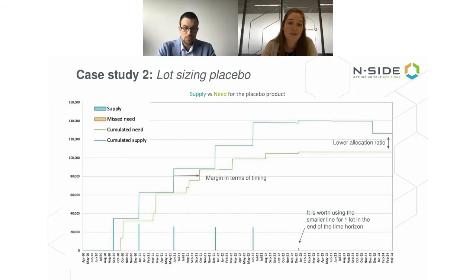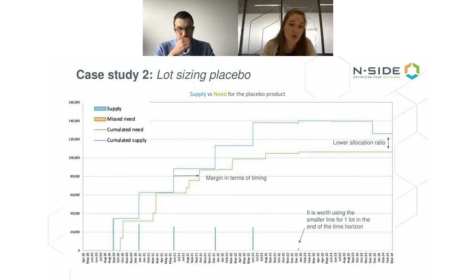So the solution we came up with here, in exactly the same program, for the placebo is a little bit different. We're also using the same smaller line towards the end of the time horizon. But we could have had more frequent smaller lots; from a cost perspective here, it didn't make much sense. So we come with a solution with a little bit of a lower allocation for the placebo.